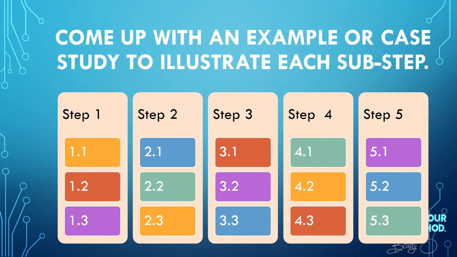In addition to coming up with these 3 to 5 sub-steps for each chapter, for each step, you're going to want to illustrate each of those sub-steps with an example or a case study. So these examples and case studies could be from your personal experience. They could be clients that you've assisted in the past, or they could even be third-party case studies that you've done research on.